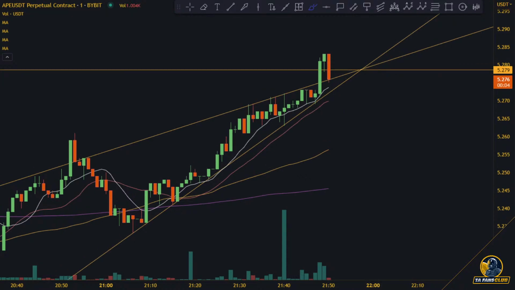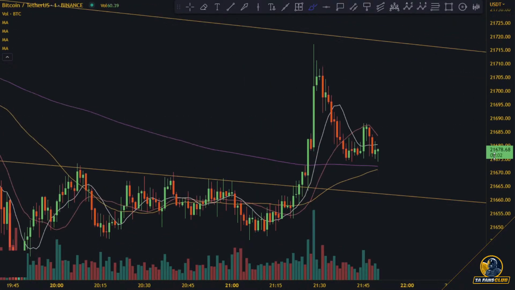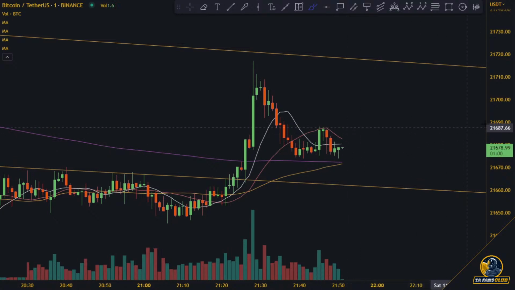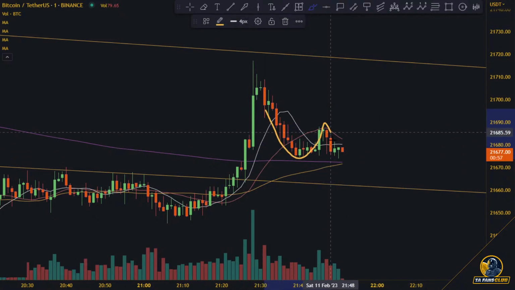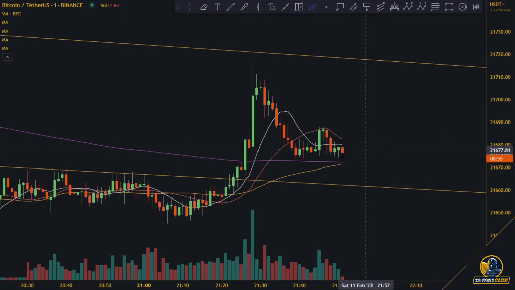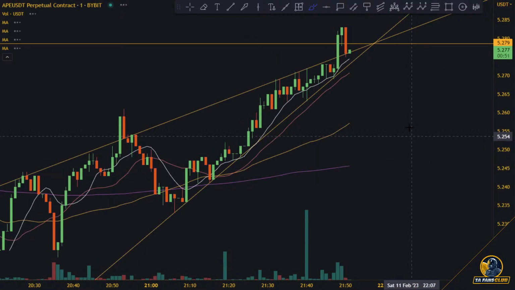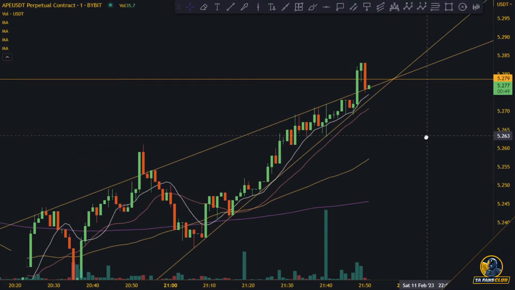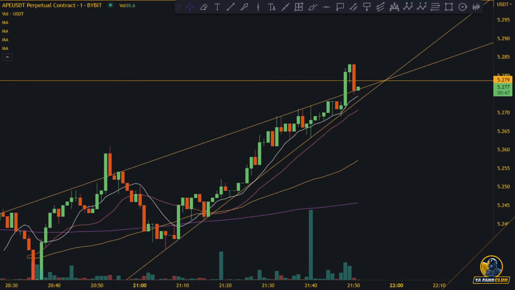But Bitcoin isn't doing that well. Came up here, right now back down again. Coming back down to support levels.